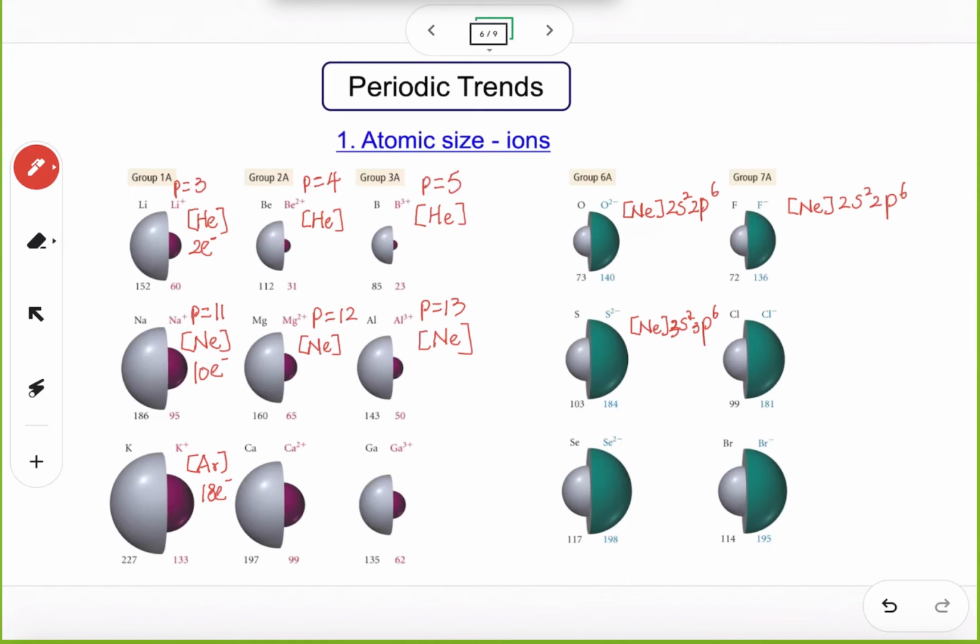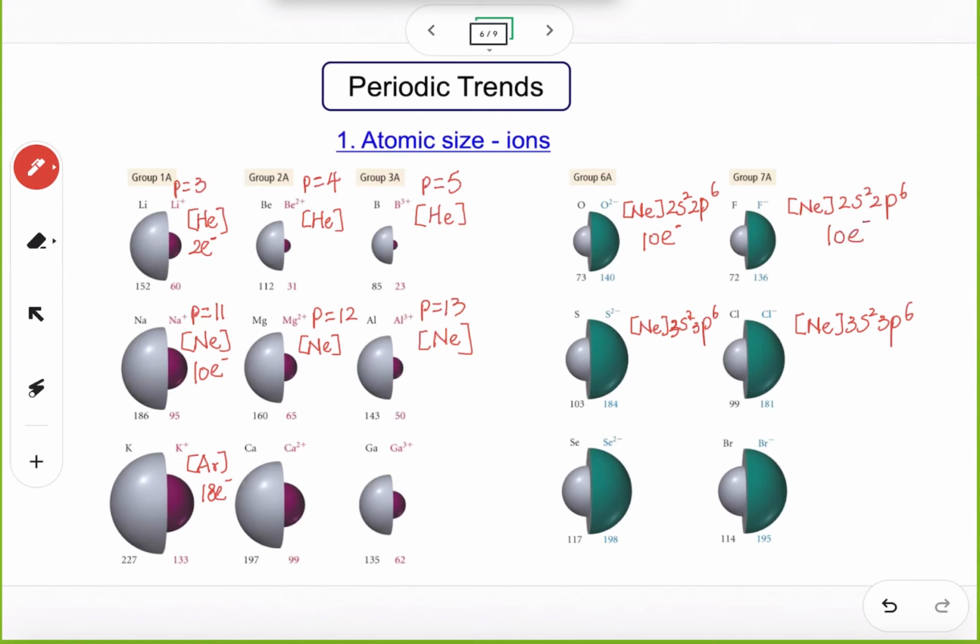For Cl-, it's neon 3s2 3p6. Now for O2-, as you can see, it will have 10 electrons. Same thing for F-, 10 electrons.